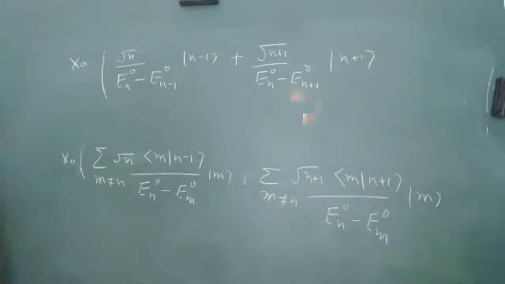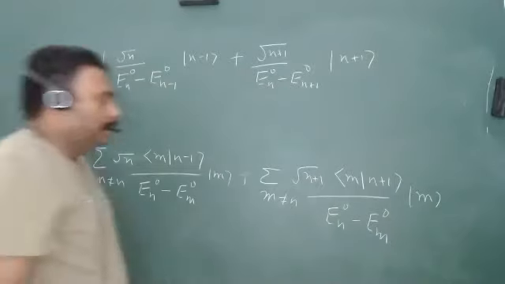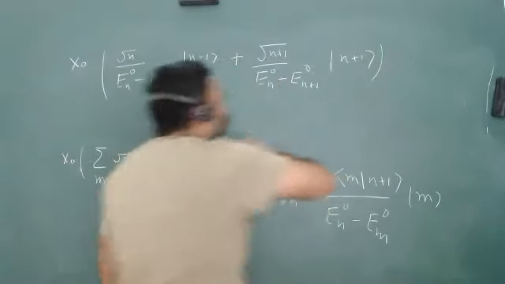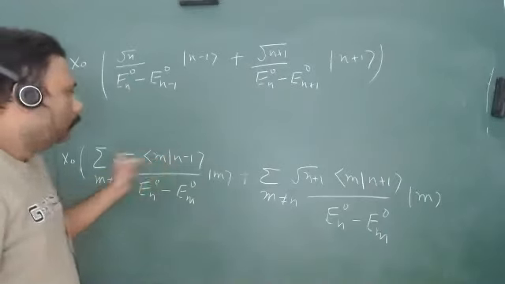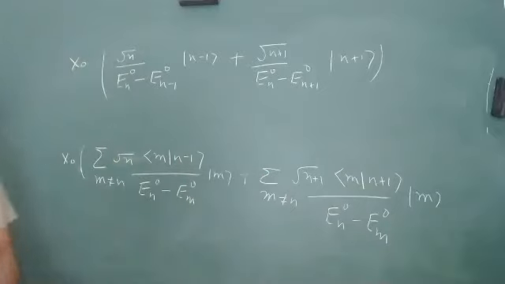Make sure. Yes or no? All other terms are 0 because m can change over all possible values. So you have to see where m is not equal to n, and for which m not equal to n this term is going to survive.